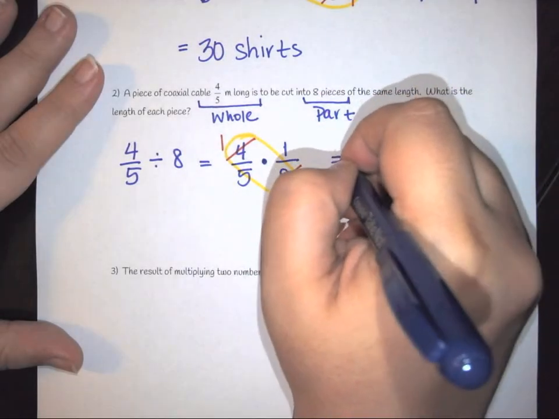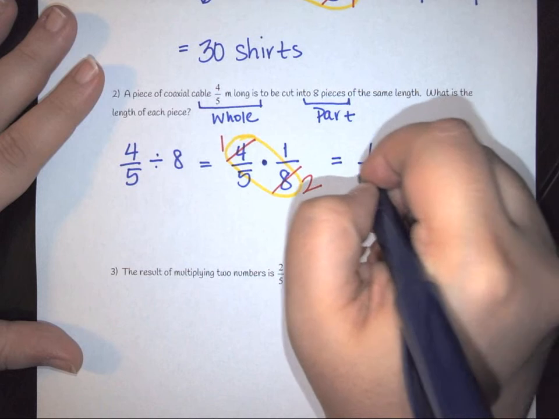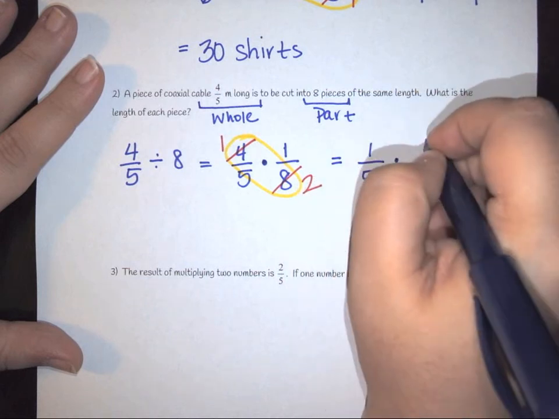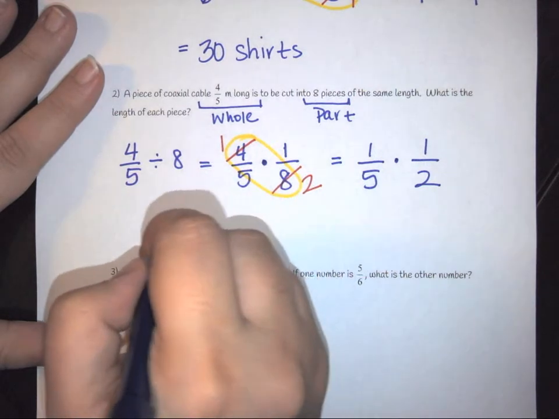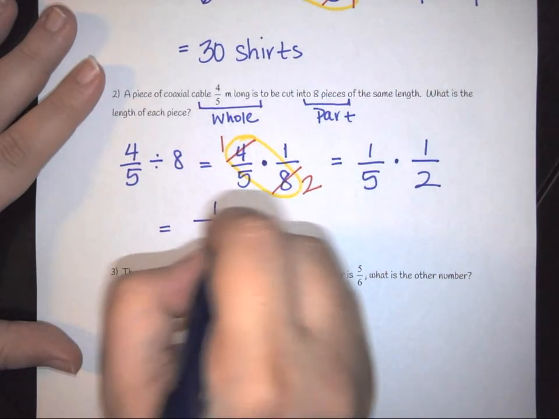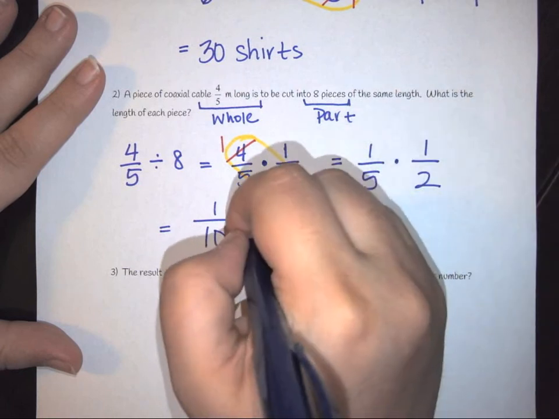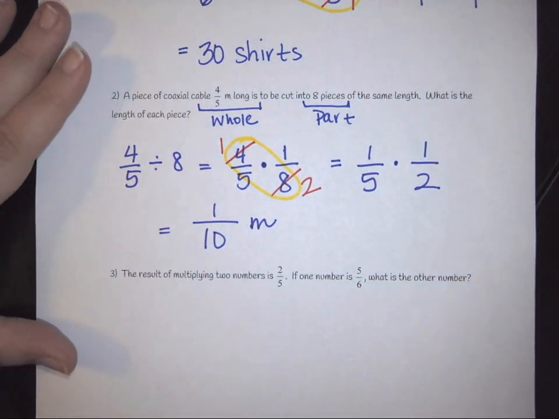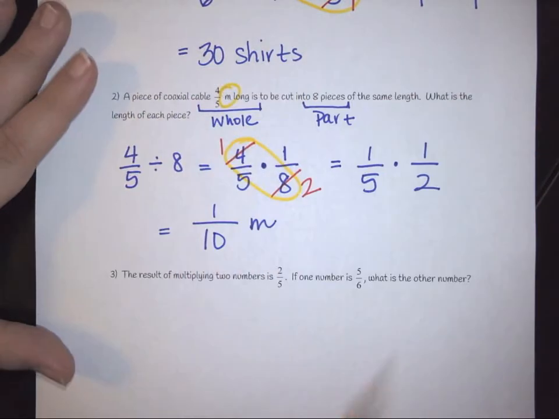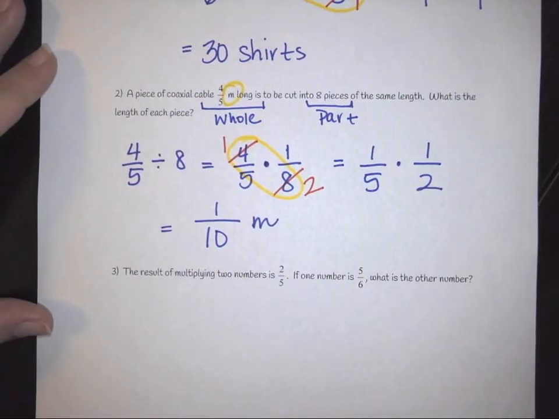So this is going to be 1/5 times 1/2. Multiply straight across the top leaves me with 1. Straight across the bottom leaves me with 10. And this was meters. Okay? How do we know? Well, the label is right there in the problem.